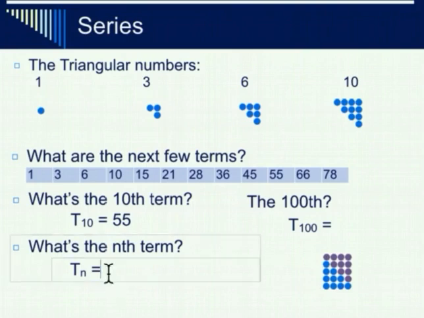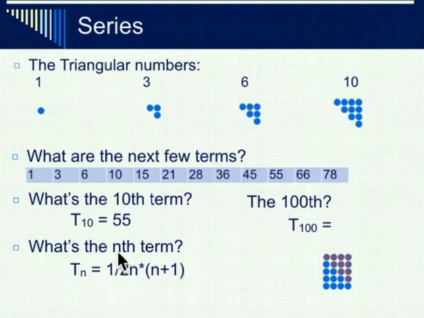So the rule for the nth number would be to take n and multiply it by n plus 1, and then divide it by 2. Or, as it's often written in formulas, multiply by 1/2. Why don't we test that a moment with our 10th number in the list that we found by hand, and then we should be able to use that to find the 100th number.